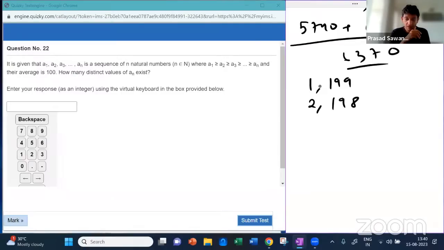But where will the maximum go? Can it be 1000? Okay, so 1000 numbers will be there. AN will be n natural numbers. So that can be 100, right?